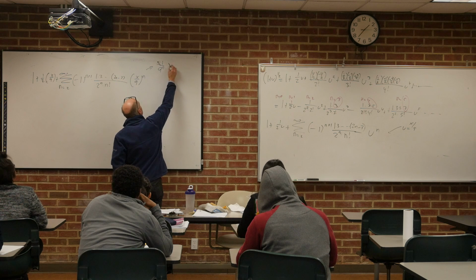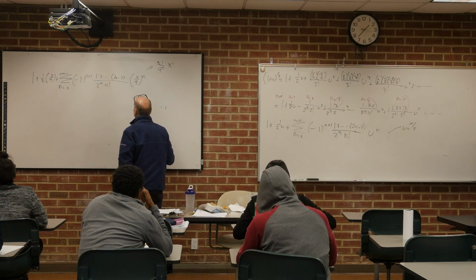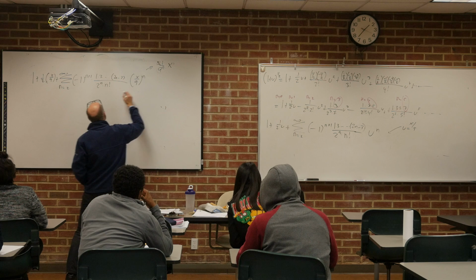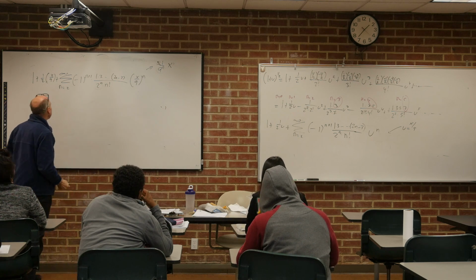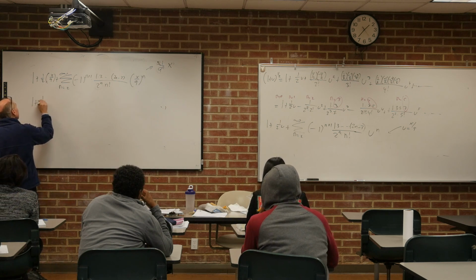9 to the n times x to the n. And that 9 to the n times 2 to the n is 18 to the n.